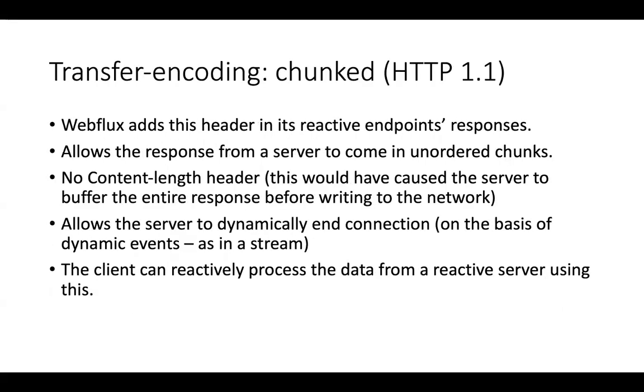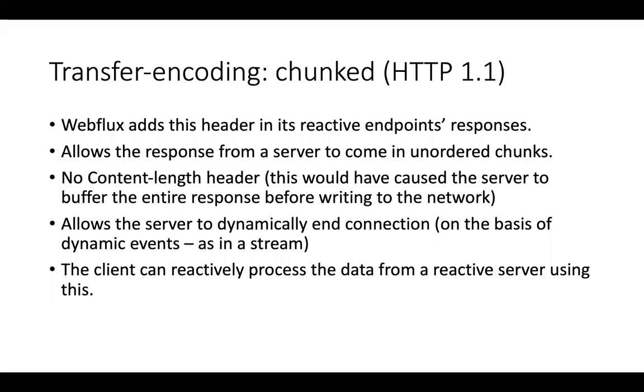So then there is the HTTP header called transfer encoding chunked. It came in HTTP 1.1. And how does it come into our picture? We are not only doing that at the kernel level or the code level or the system design level, but also in the client, wherever we are running our clients where we are making the HTTP connection.